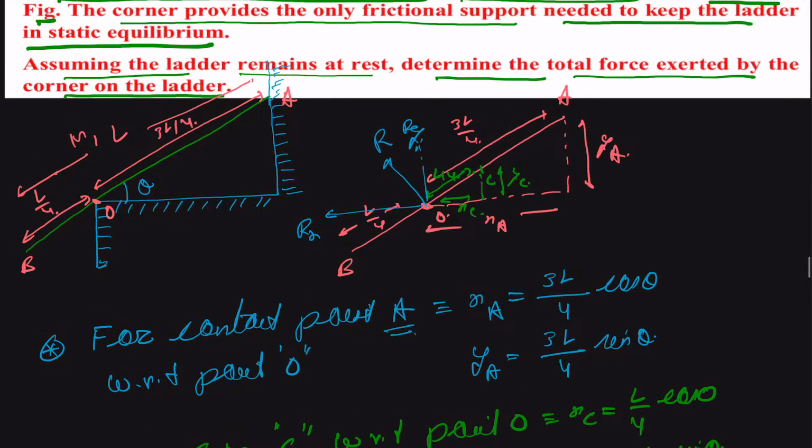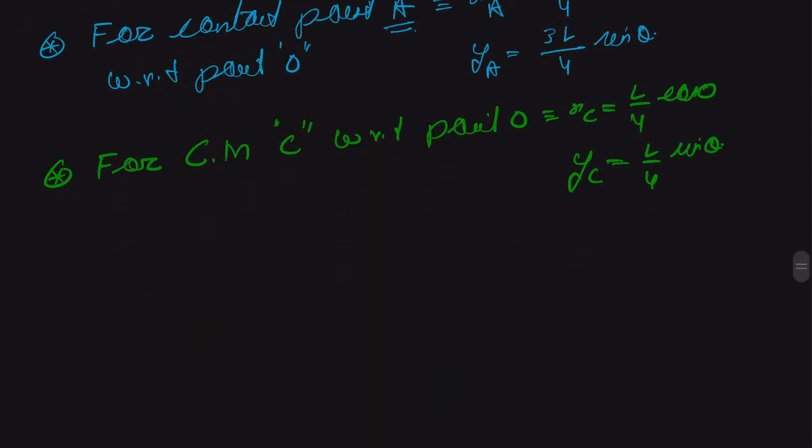And there will be a normal at point A, because A is also a point of contact, so it will be towards the left side, and let us call this H. I think more or less we require all these things.